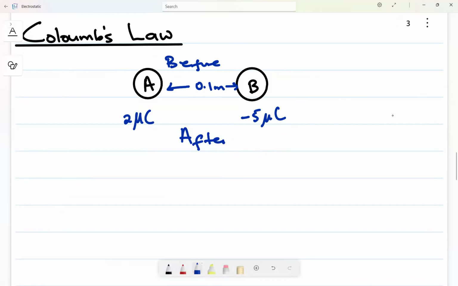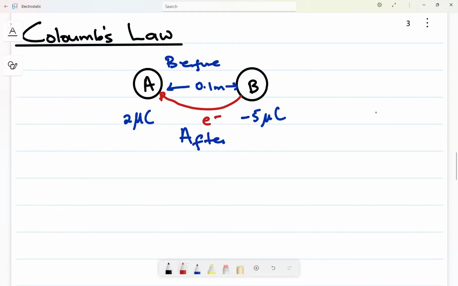Let's say they come together in contact again. After coming in contact, remember what will happen? There will be a transfer of electrons. Electrons will move from the one that is more negative to the one that is less negative.